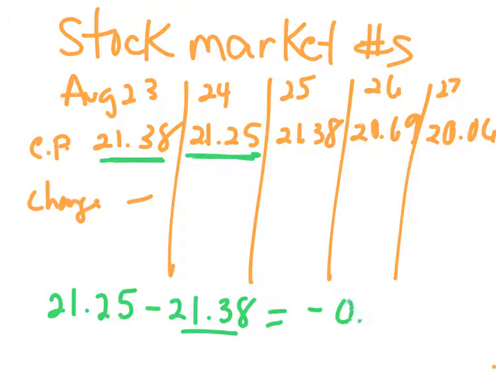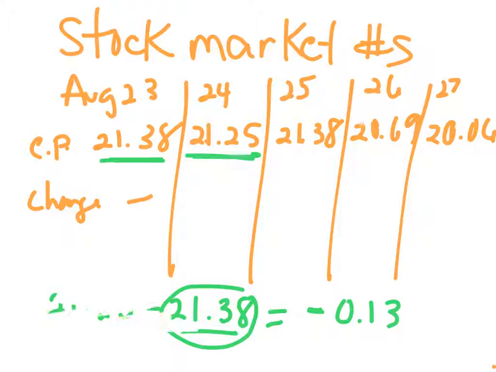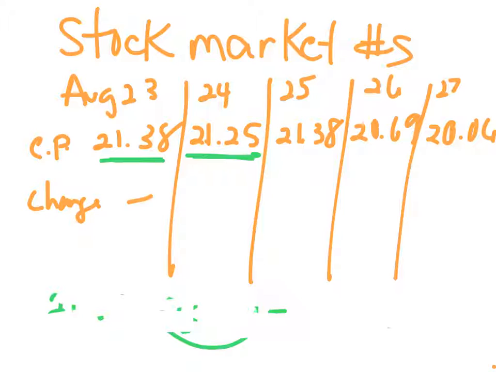We could probably use mental math and figure out that the difference was 0.13, but because this is a bigger number than this, you're going to have a negative because you're subtracting a bigger number from a smaller number. Let me erase this part here so I don't have to redraw. So in this case, we would write down the answer to the problem: there was a negative 0.13 change.